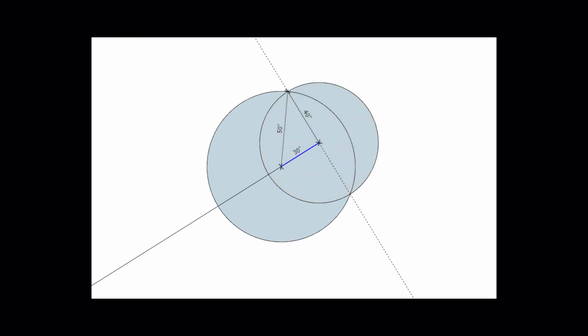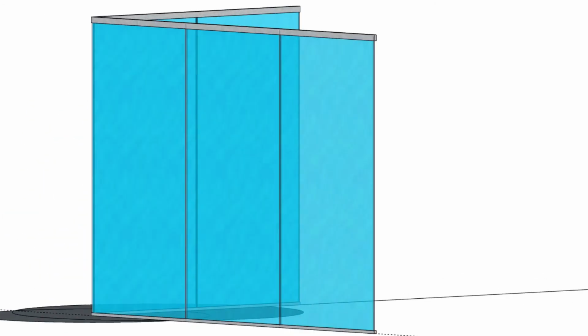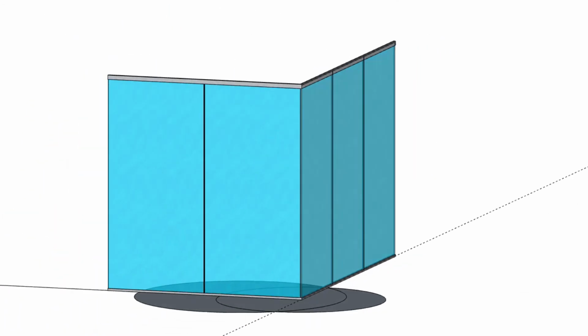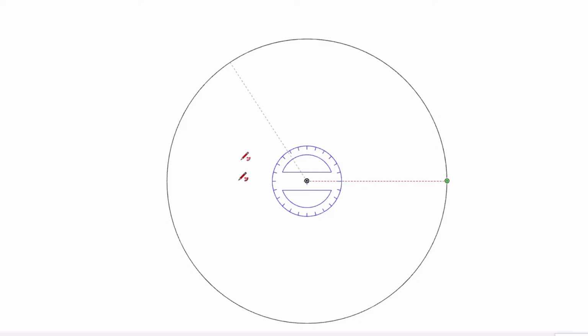We measure back along the length of our line 30 inches, and from that point, 30 inches from the end, we'll measure out a 50-inch radius. Where the 40 and 50-inch radii cross, that's going to give us a point along the line that's perpendicular to our original line.